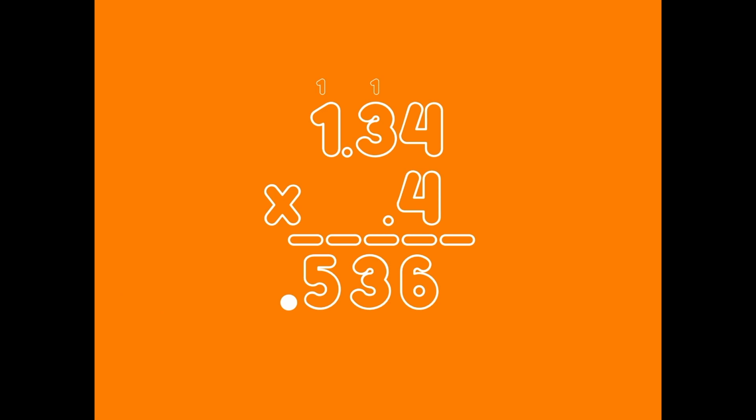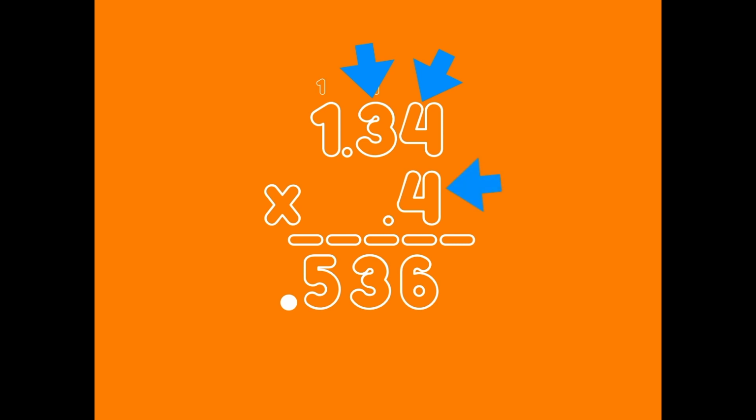She put the decimal point in front of the 5 because there were 3 numbers after the decimal point in the problem. 1, 2, 3.